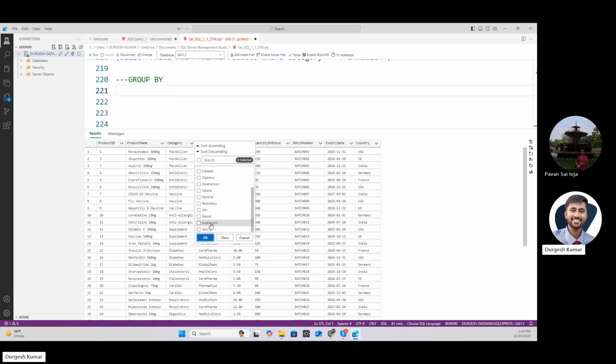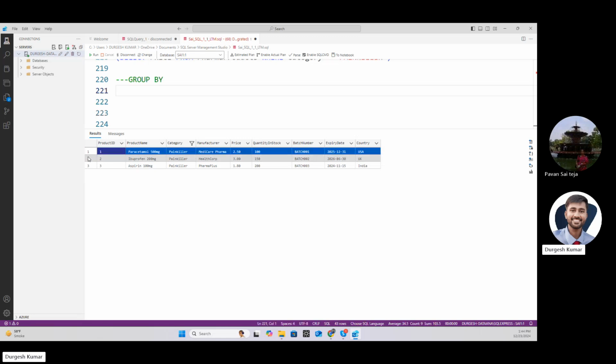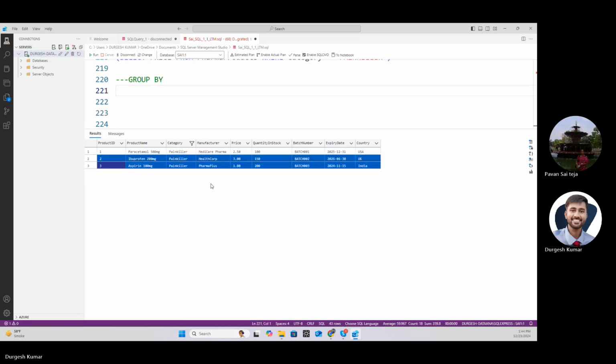If I select painkillers, what is happening here is we are getting 3 rows of painkiller, right? Now tell me, if I ask you how many stock we have for painkiller, tell me.